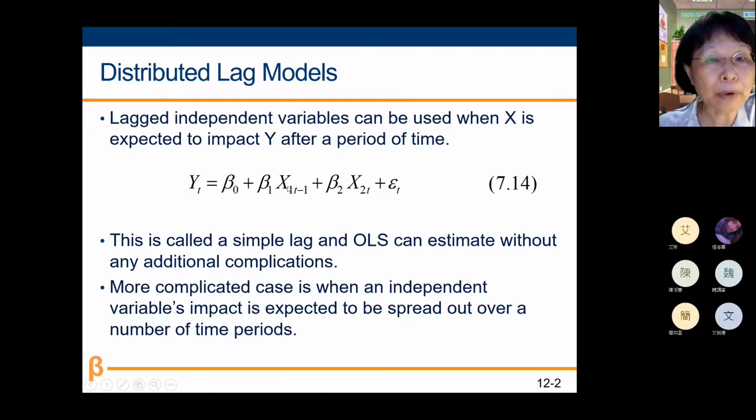When we have t minus 1, it means the one previous period. So in this model, we have x1 and x2: x2 is the current data, and x1 is t minus 1 data. This is what we call the distributed lag model. We will introduce that in detail later on.